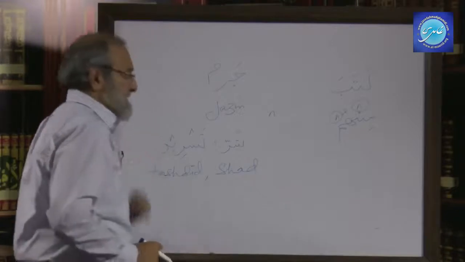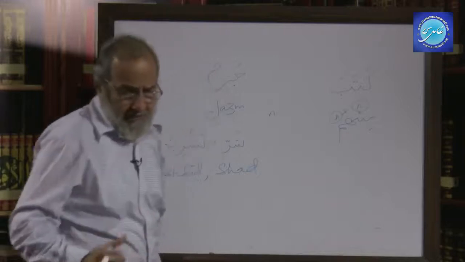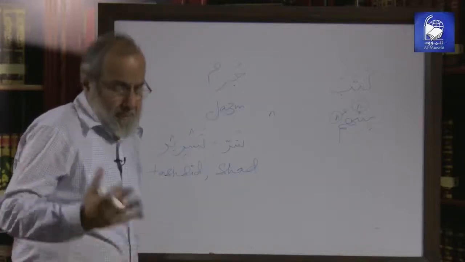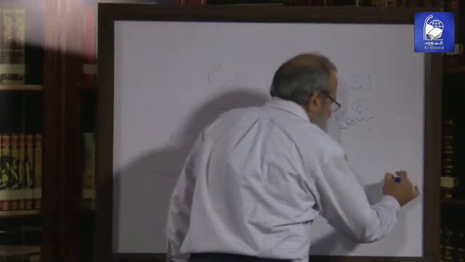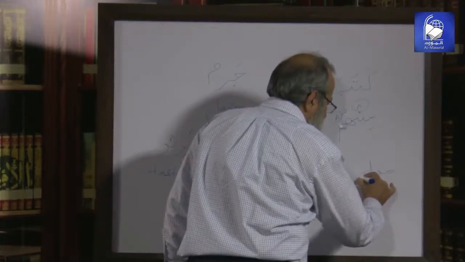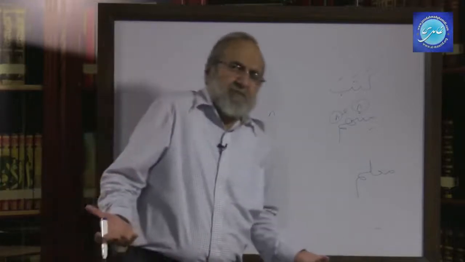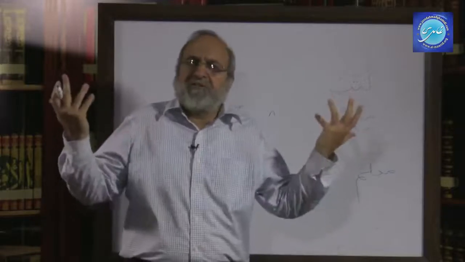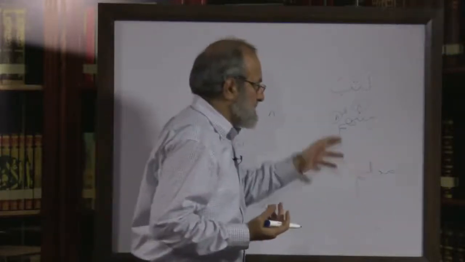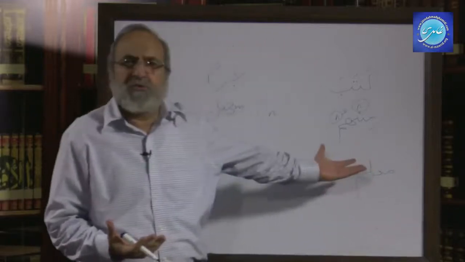The next one is shad, tashdid, very frequently used in Arabic words, and obviously in the Quran as well. So let's have a look. You have this word, mim, ain, lam, mim. Now, if you don't have the vowels clearly mentioned, you can pronounce it differently, variously. Ma'alimu, mu'ilami, and so on. I mean, no matter, there could be a number of different variations that could be worked out for this word.